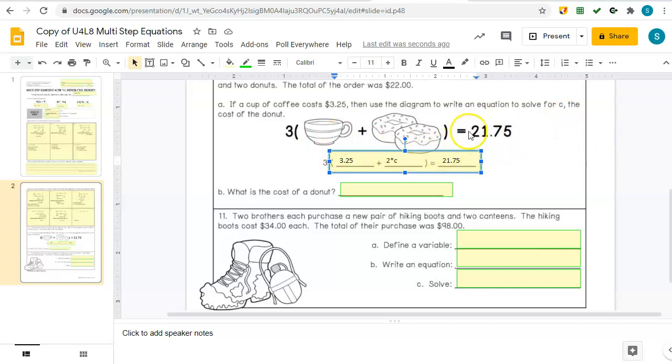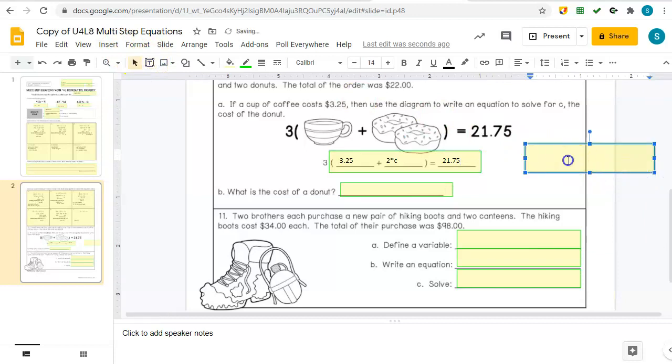So let's go ahead and distribute first. I'm going to grab another text box here, and we're going to get 3 times 3.25, which is $9.75, plus 6 times C equals 21.75. We're going to subtract our 9.75 from both sides, and we're going to get 6C equals 12.